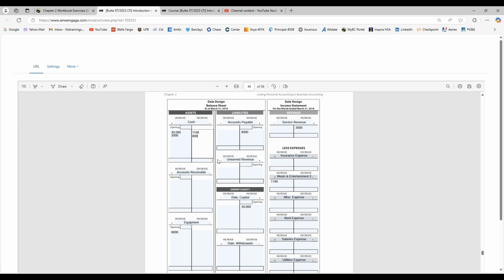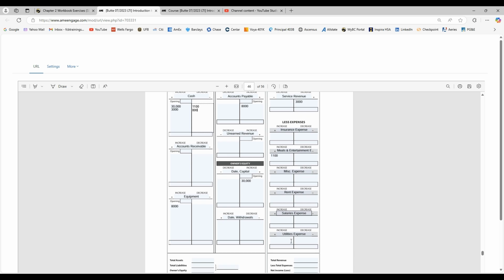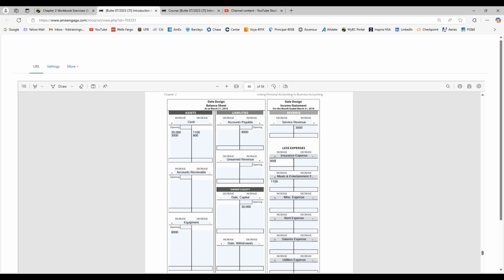So that's an $800 decrease in cash, and then we've got our insurance expense account, and we're going to increase that by 800. This isn't prepaid insurance. Remember, this is just a payment of insurance expense. If we had prepaid a whole year in advance, we would need an asset account for that. But we're just paying one month's worth, and so that's why it's just an expense for the current month that we're looking at.